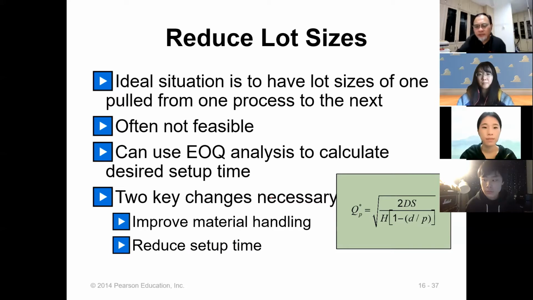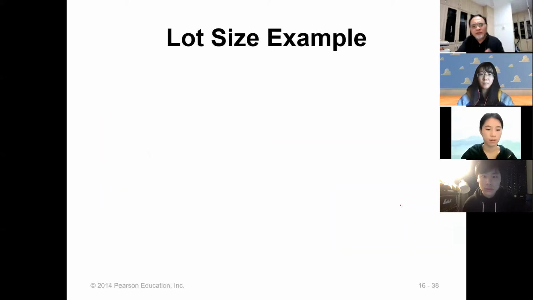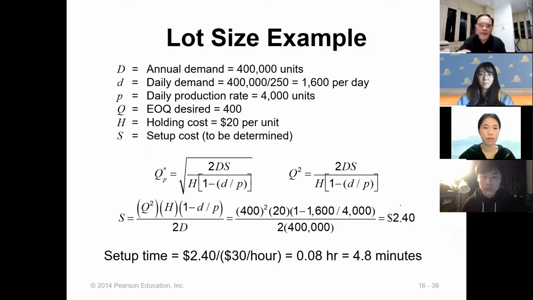This is the economic production quantity, because we have this D divided by P. I'm not going to ask you to understand and do the calculation. Just understand the concept that you need to reduce the lot sizes. This is a method to calculate setup times and how much cost, because setup time will determine the quantity that you are going to produce.